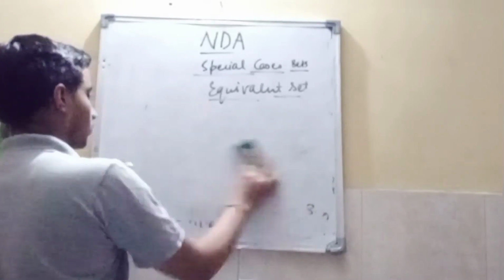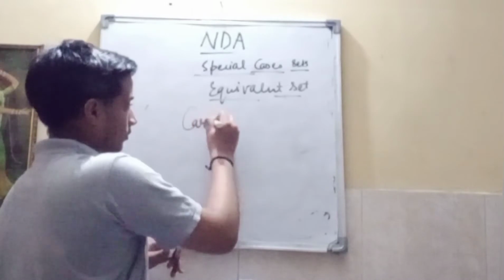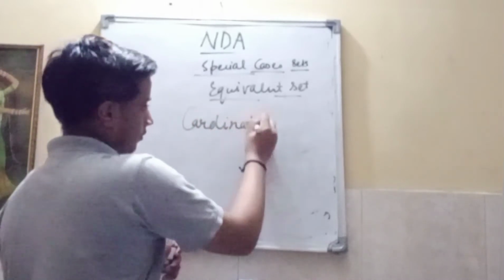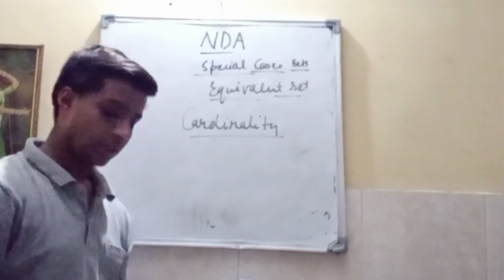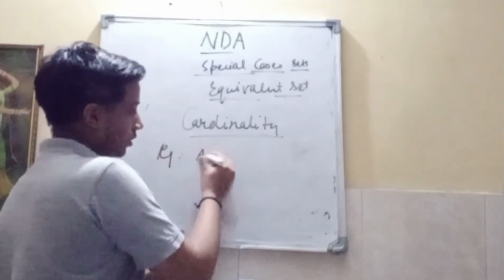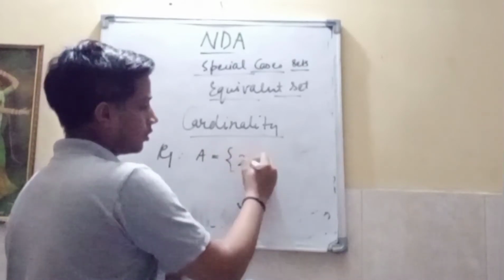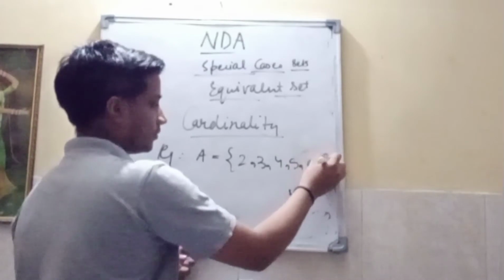What is this cardinality? Cardinality means the number of elements in the set, as I already discussed. For example, A is equal to {2, 3, 4, 5, 6, 7}.